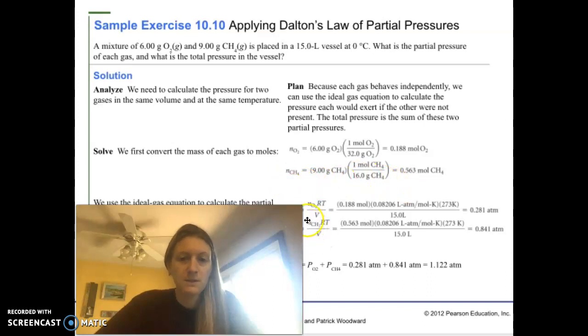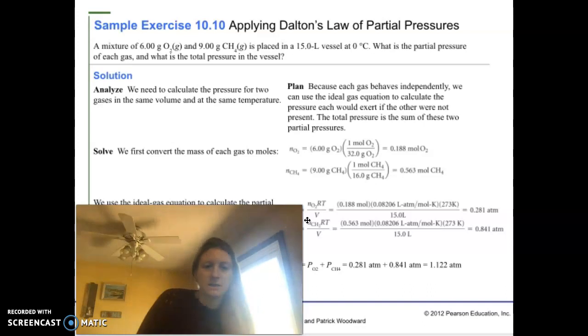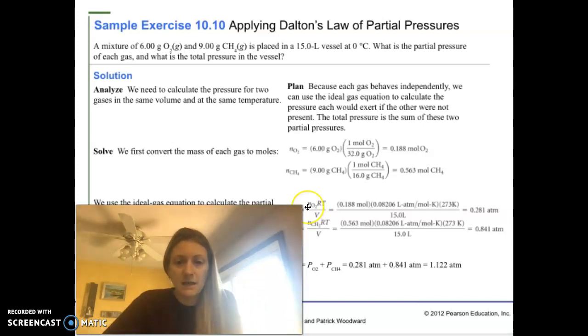Then the next step is to use the ideal gas equation, so PV equals nRT. But we want to solve for just P, so you're going to divide V over, and you're going to get P equals nRT over V. Now the n, because we're looking for the partial pressures of each one, you're going to use just the number of moles of oxygen first, and then just the number of moles of the CH4 second.